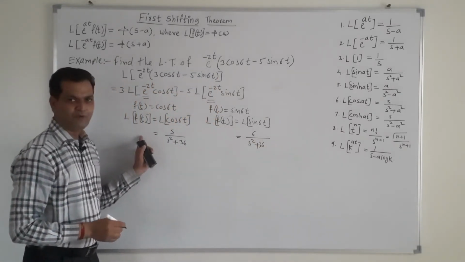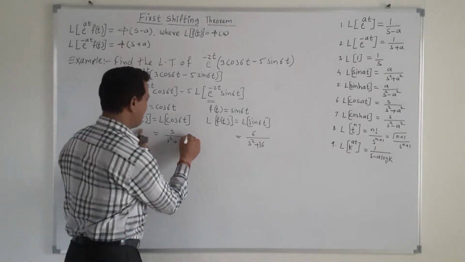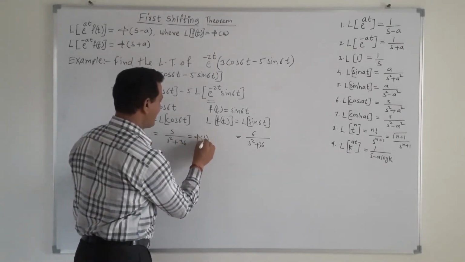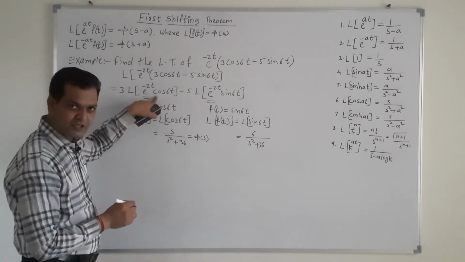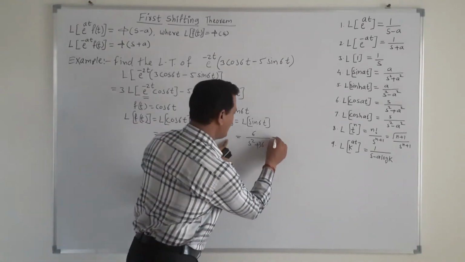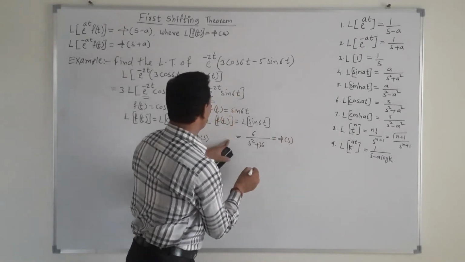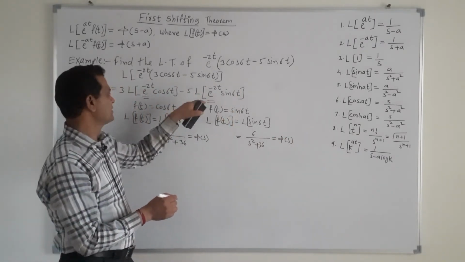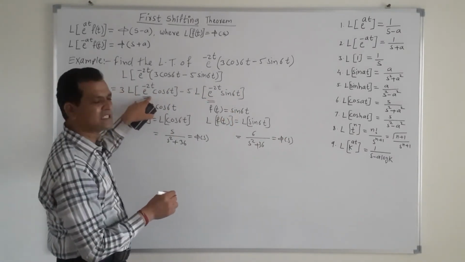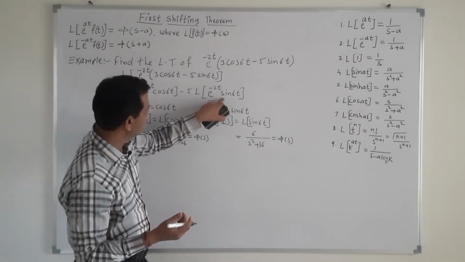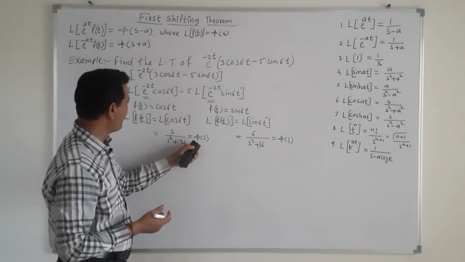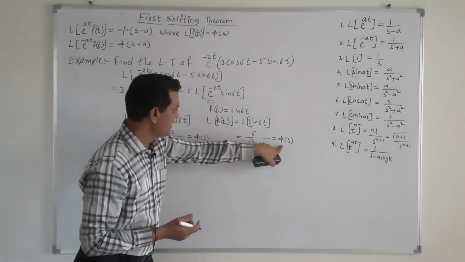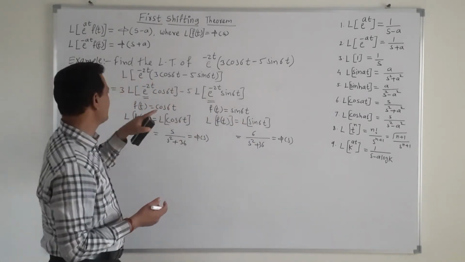In this way we get the value of the Laplace transformation of f of t, which we call phi of s. This is the value of phi of s for the first term, and this is the value of phi of s for the second term, because we are using the shifting theorem separately for each term.